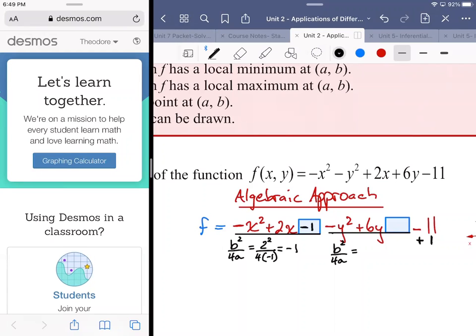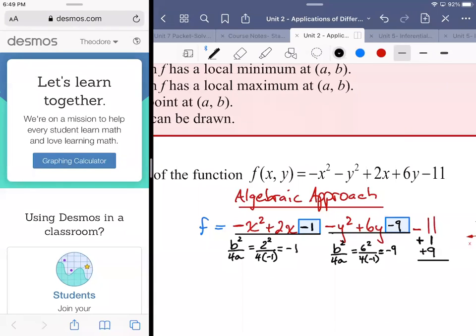Then 6 squared over 4 times another negative 1: 36 divided by negative 4 is negative 9. I subtracted a 9, so I correct for that by adding a 9, and it keeps the equation balanced.